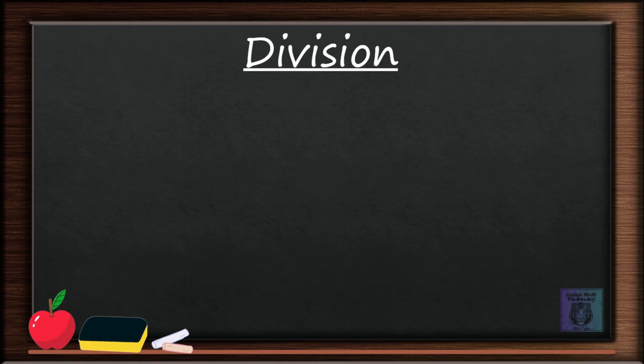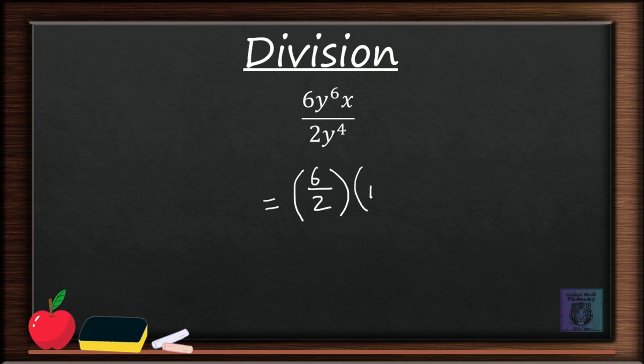Okay, our next one is a bit of a step up. We go and split it. Because there's no adding and subtracting, it's a bit easier because then you can split it into the like terms. So you use the top one, that would be the 6, subtract that one.